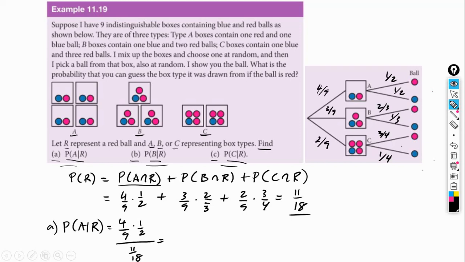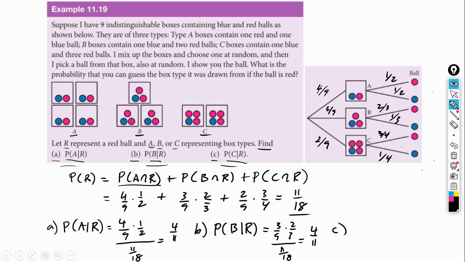And this in the end is going to give us 4/11. For B, the probability of B given R is going to then be 3/9 times 2/3 divided by 11/18. And then if we do the math, this is also going to give us 4/11.